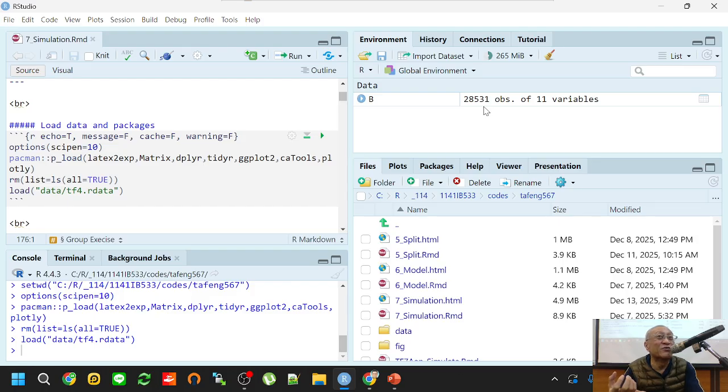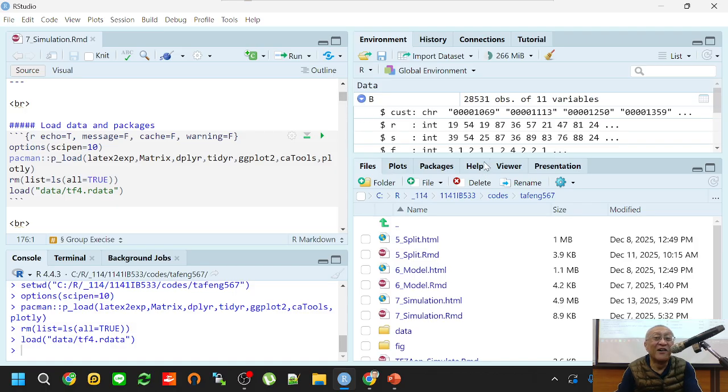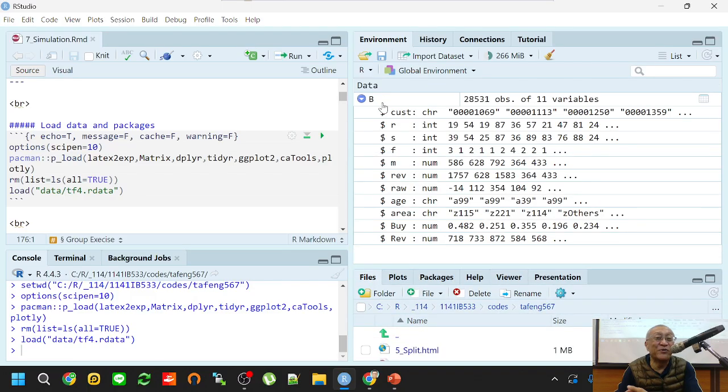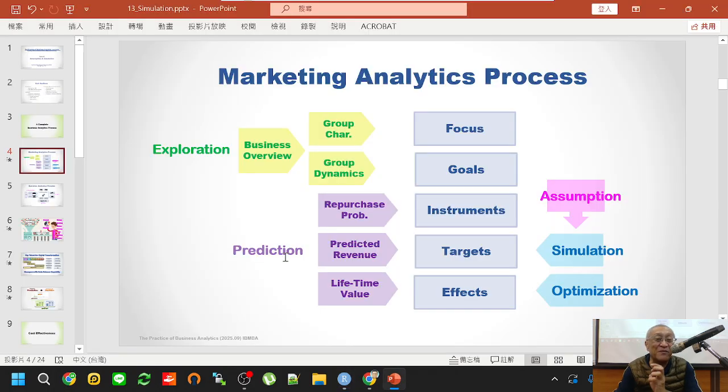Each observation refers to what? We have 2A531. What is this data? Every row starts with the customer ID, right? So this is 2A531 customers. So when we do the prediction, we actually predict every customer's purchase probability.